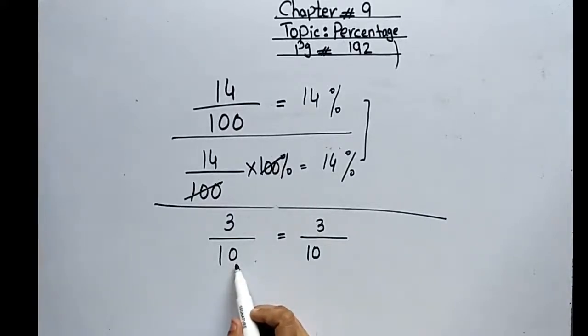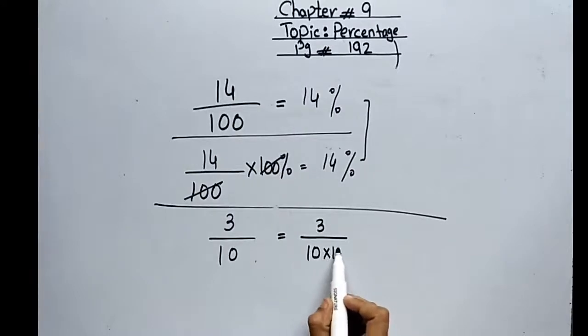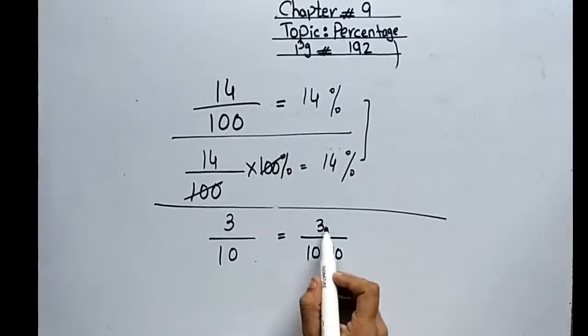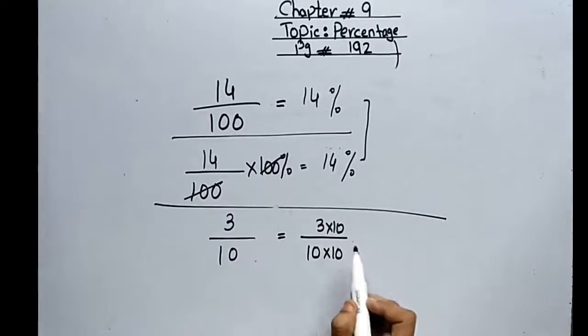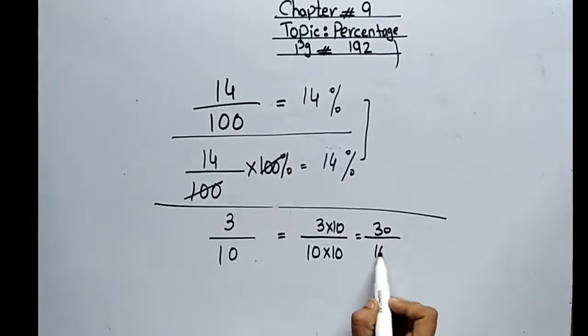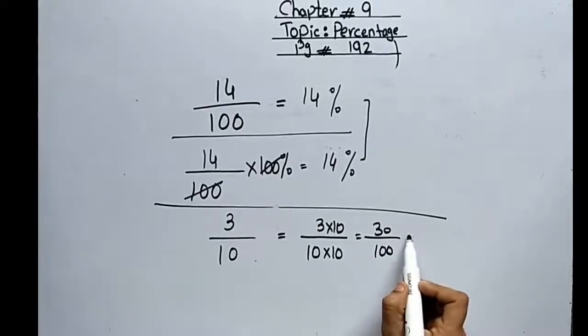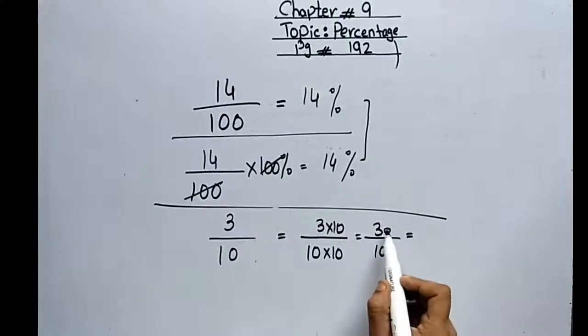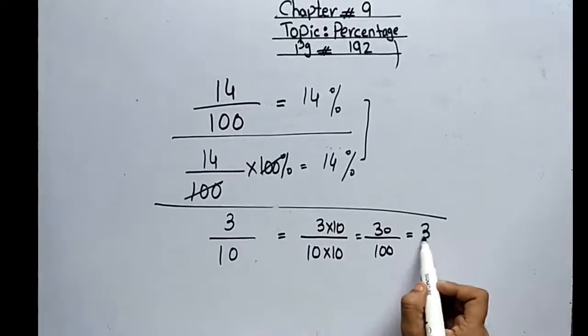Can we make 10 into 100? Yes. When we multiply 10 with 10, it becomes 100. So we also multiply the numerator by 10. So 10 times 3 is 30, divided by 100. 30 out of 100, can we write 30%?